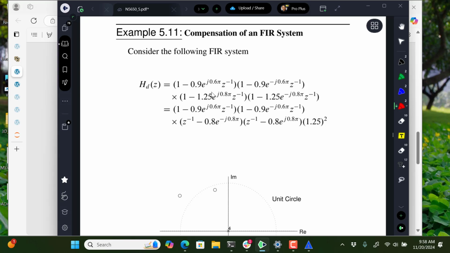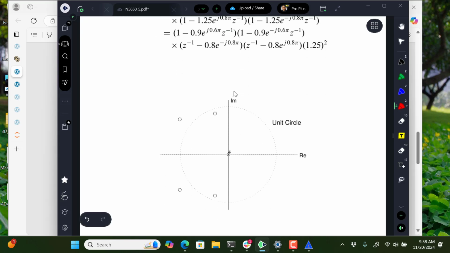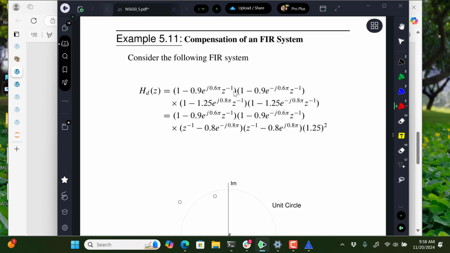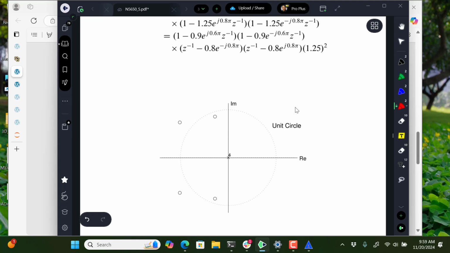So here's an example where there's 4 zeros entirely, so it's a complete FIR. Think of this as a radio channel that would have multiple rays in it. And this one is minimum phase already because the zeros are inside the unit circle, and that one's maximum phase. They're both outside.